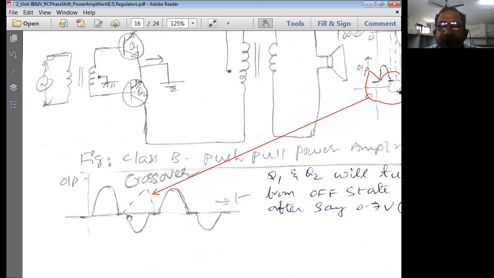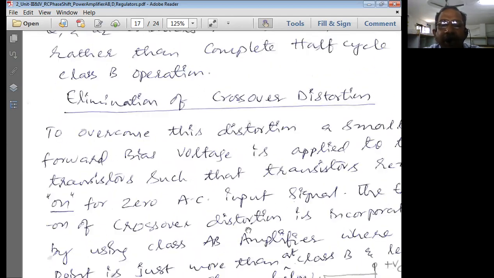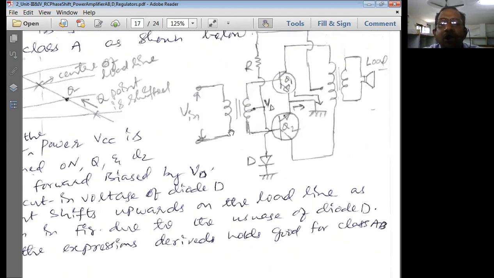That voltage is not being transmitted to the output side of the circuit. So therefore, in order to clamp this value, we are incorporating a diode here. This diode is going to clamp the voltage level at the input of the transistors to 0.7 volts.